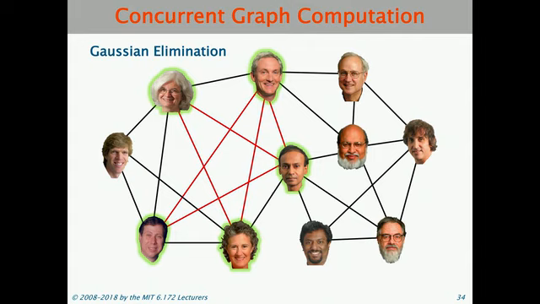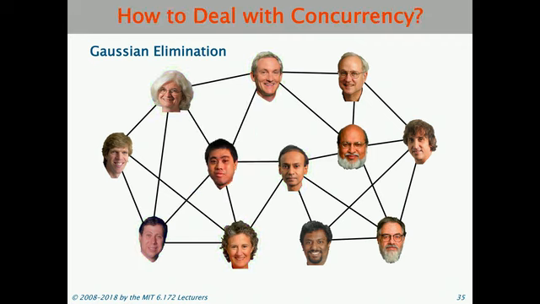a sparse matrix, where are you going to get fill-in? What are the places that you need to update when you do a pivot in Gaussian elimination in a matrix? So that's the basic notion of doing Gaussian elimination. But now we want to deal with the concurrency. The problem occurs if I want to eliminate two nodes at the same time.